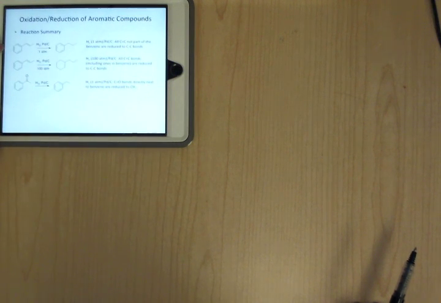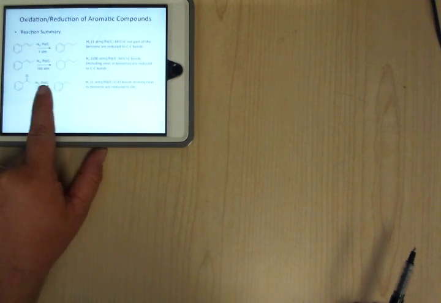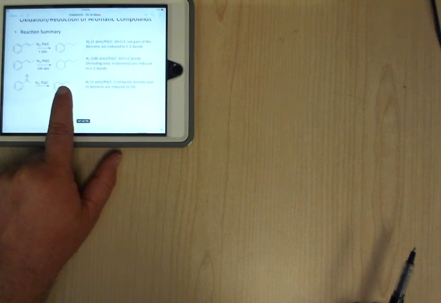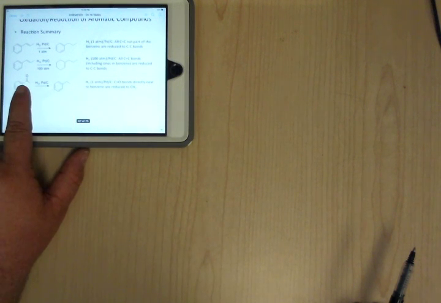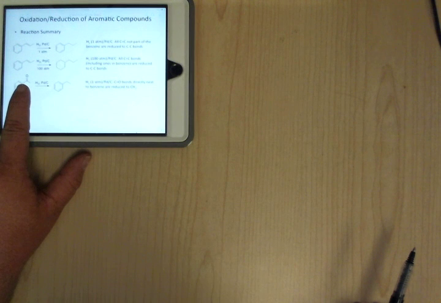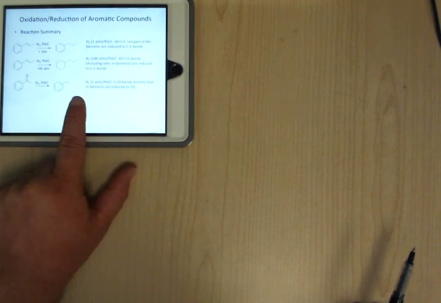For hydrogenation, regular hydrogenation will just take down the alkene. If you did it at 100 atmospheres, it would take down the benzene as well. But if you have a C double bond O right next to the benzene, then you can do this, and it substitutes a CH2 for where that C double bond O is, as long as it's directly next to the ring.